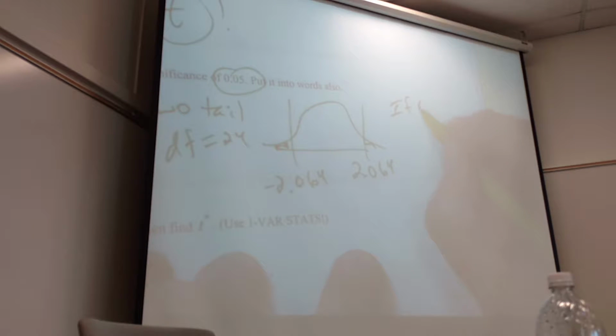So if T star is greater than 2.064, or T star is less than negative 2.064, we can reject the null, support the H1. So if it's big enough or small enough, far enough away, we can reject the guy that thinks it's in the middle and support the guy that thinks it's far away.